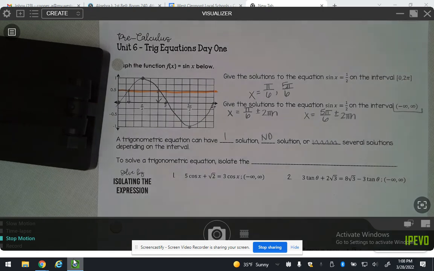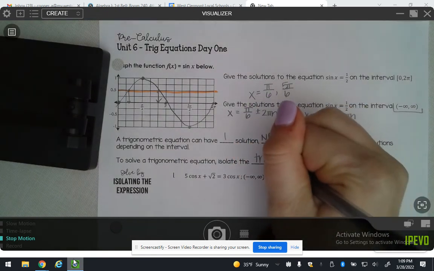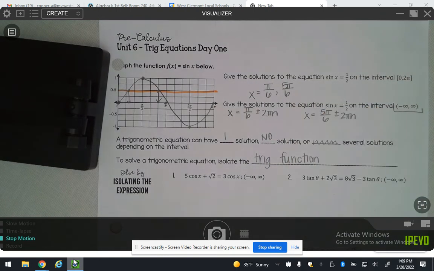Okay. So to solve a trigonometric equation, we need to isolate. What does isolate mean? Get it by itself. The trigonometric function. I don't want to get the x or the y or whatever variable by itself. I want to get the trig function by itself.